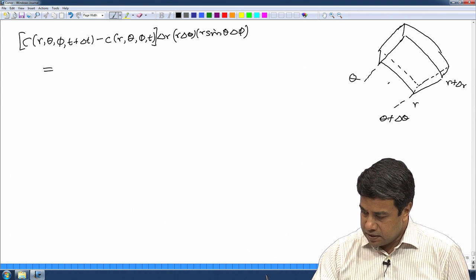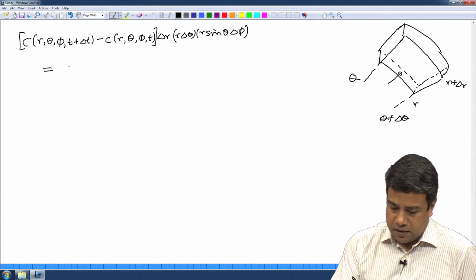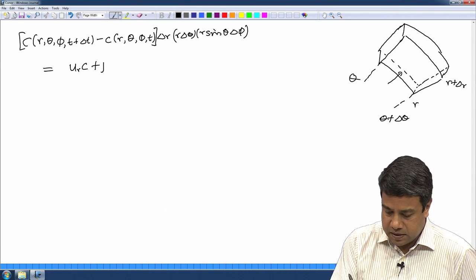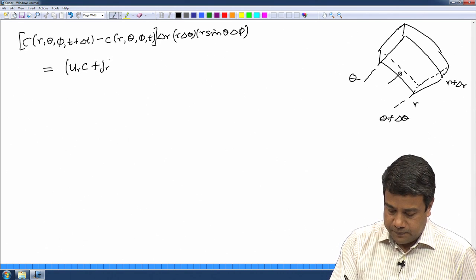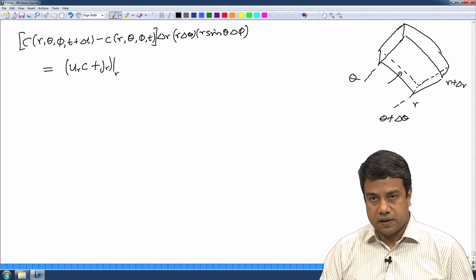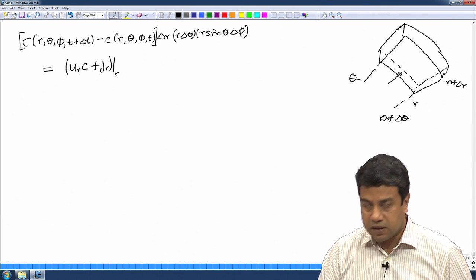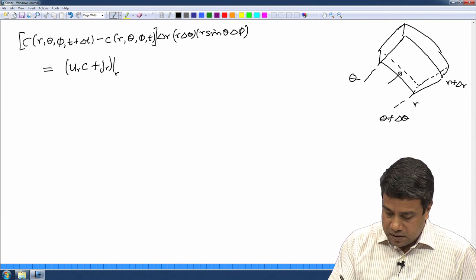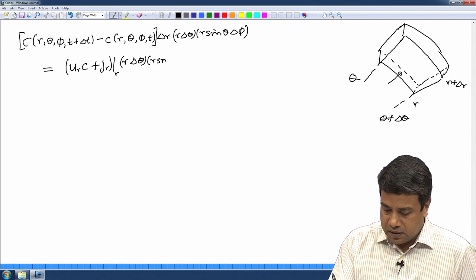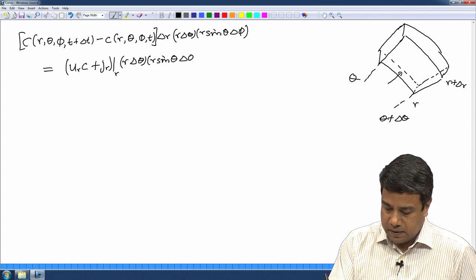So, mass in at the surface r is going to be equal to u r times c plus j r, at r, times the surface area. The surface area perpendicular to the r direction I said was r delta theta into r sin theta delta phi.